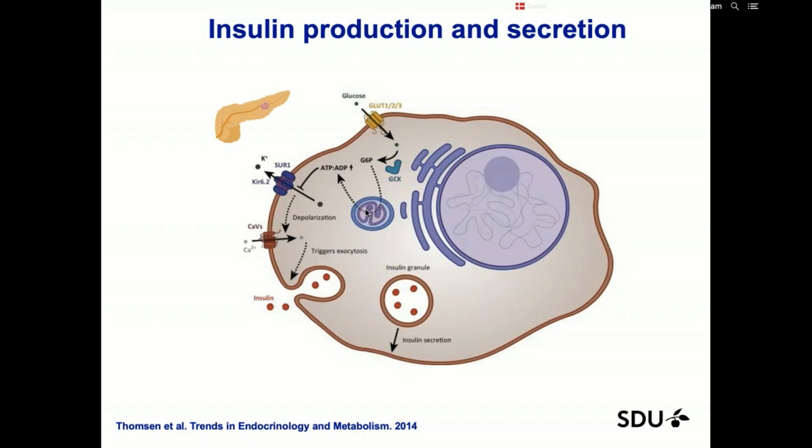In the mitochondria, the aerobic metabolism of glycolytic products causes a high ATP-ADP ratio, which will then shut down the potassium channels, causing a depolarization and high calcium influx, which will then trigger the exocytosis and thereby insulin secretion.